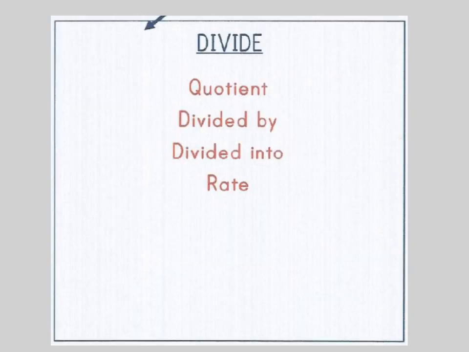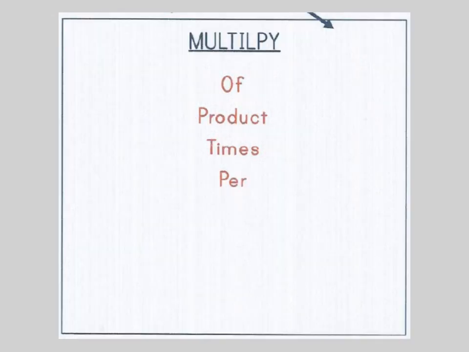For division, you should have quotient, divided by, divided into, and rate. Last but not least, multiply. You should have of, product, times, per. We're going to add multiplied by.